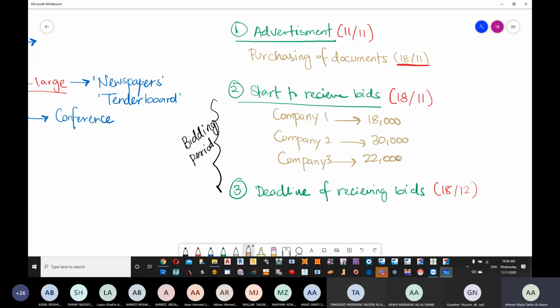Company number 1, 18,000. Company number 2, 30,000. Company number 3, 22,000. I received the first on the 20th of November, this one on the 1st of December, and this one on the, let's say, 10th of December.